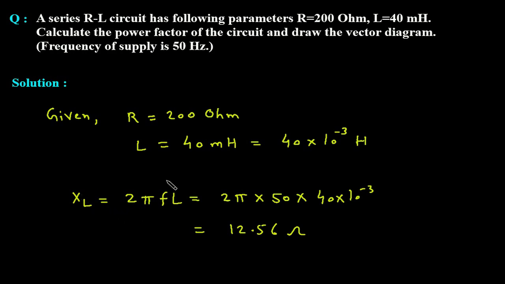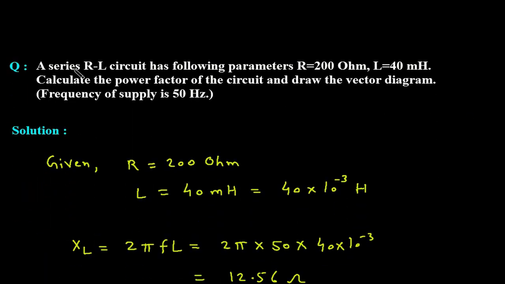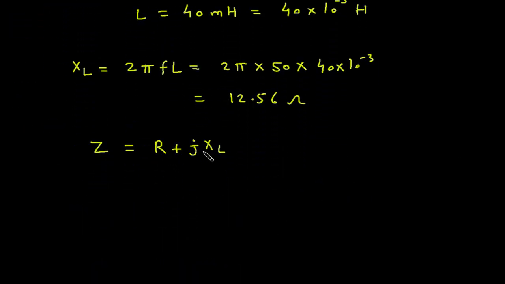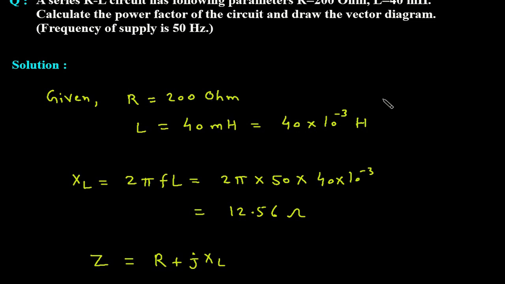Now we can also find the value of Z, the total impedance. Since it is an RL series circuit, Z is equal to R plus jXL. Now the value of R is given, the value of R is 200.